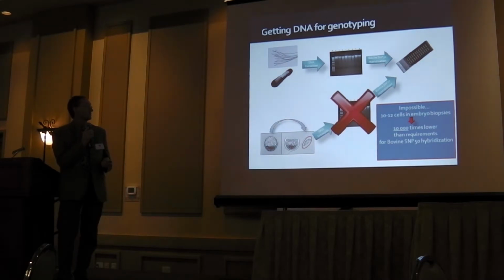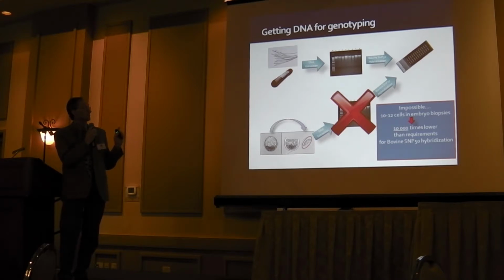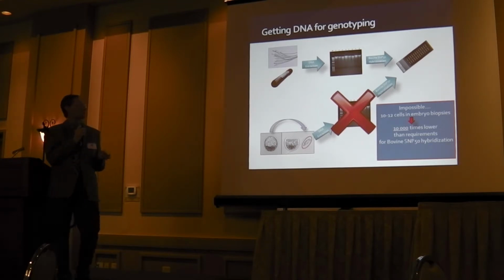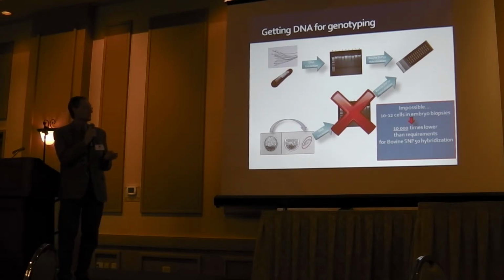I'm just going to do one quick what's new thing before we finish. Some of you have heard about some of the work that's been going on with doing genomics on embryos. There are some challenges to this, but just so you know, the science is there and it's actually working. Normally we would pull hair and we'd have lots and lots of DNA.